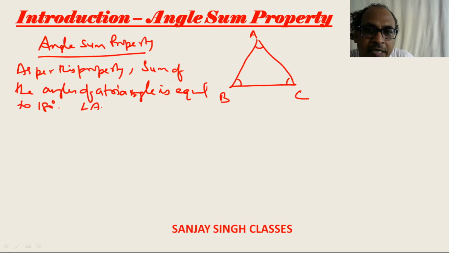It means angle A plus angle B plus angle C is equal to 180 degree. This we need to prove. We can prove it also. How we can prove?